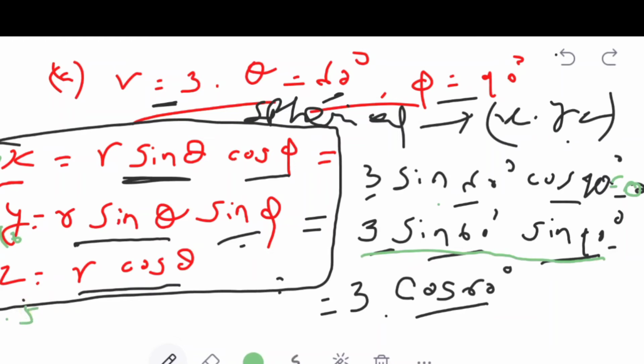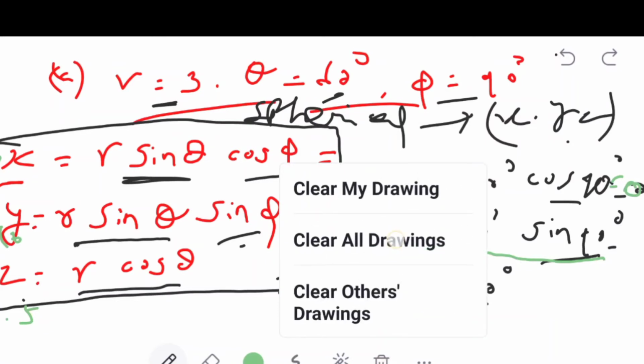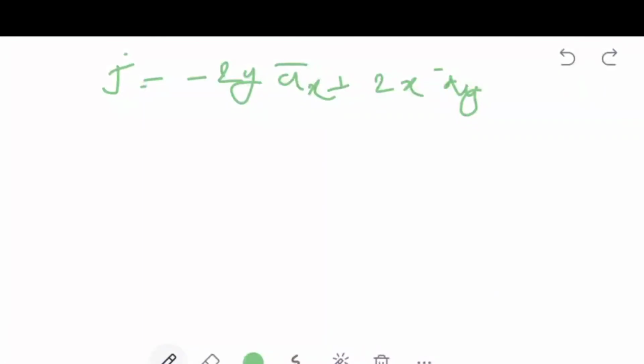After getting all this, we can easily substitute in equation 1. The equation 1 is J bar equal to minus 2y ax plus 2x ay. Now using equation 1, substitute all x, y, z. In place of y you can substitute 2.598: minus 2 into 2.598 ax.